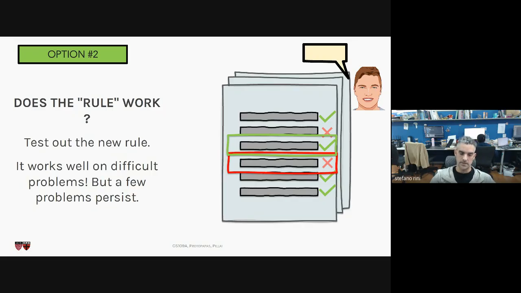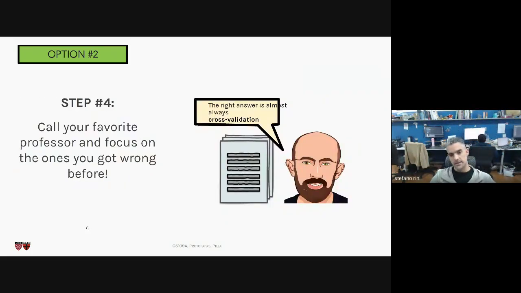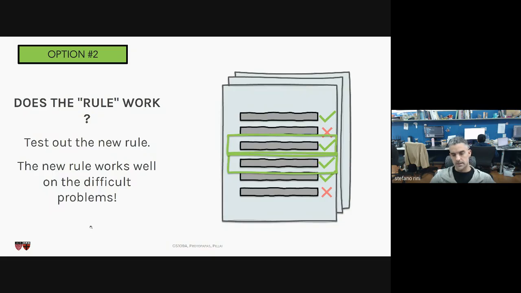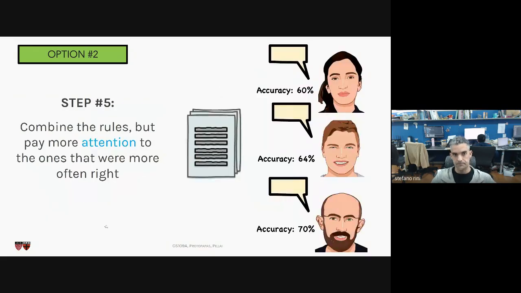And you figure out that this can improve your performance, because now you just focus on the ones that you got wrong. Then the third step is to call the professor, who tells you that the simplest way is to do cross-validation. So you go back and apply the rule again so that you can correct another set of wrong answers that you had before.